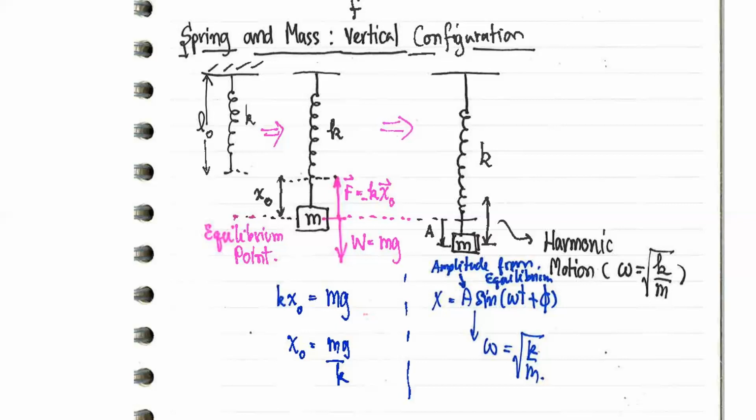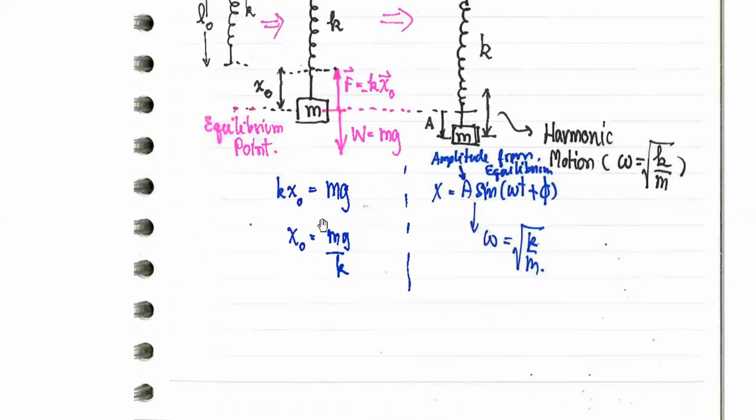The only difference is that the spring in the vertical case is stretched out a little bit further than the spring in the horizontal case because of the weight of the object. Okay.